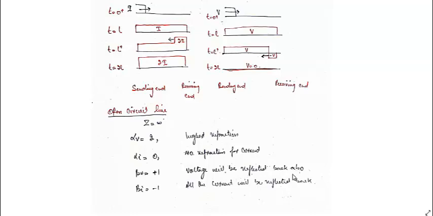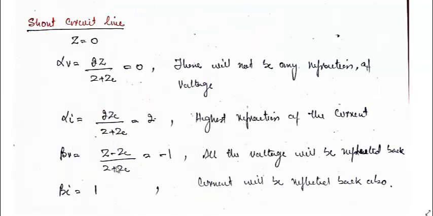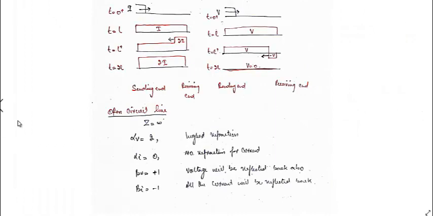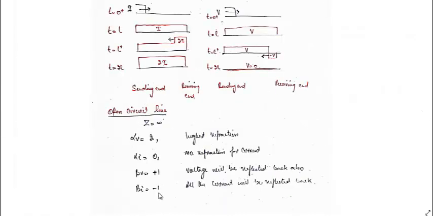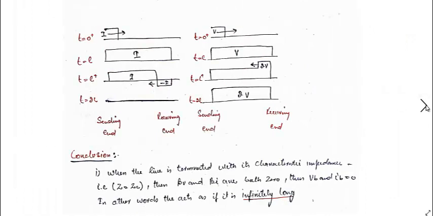Voltage will also be reflected back, beta v equals z minus zc divided by z plus zc. So when z is infinity, it comes out to be plus 1 here, and beta i is the negative of this, so it will be minus 1. This has also been shown pictorially.